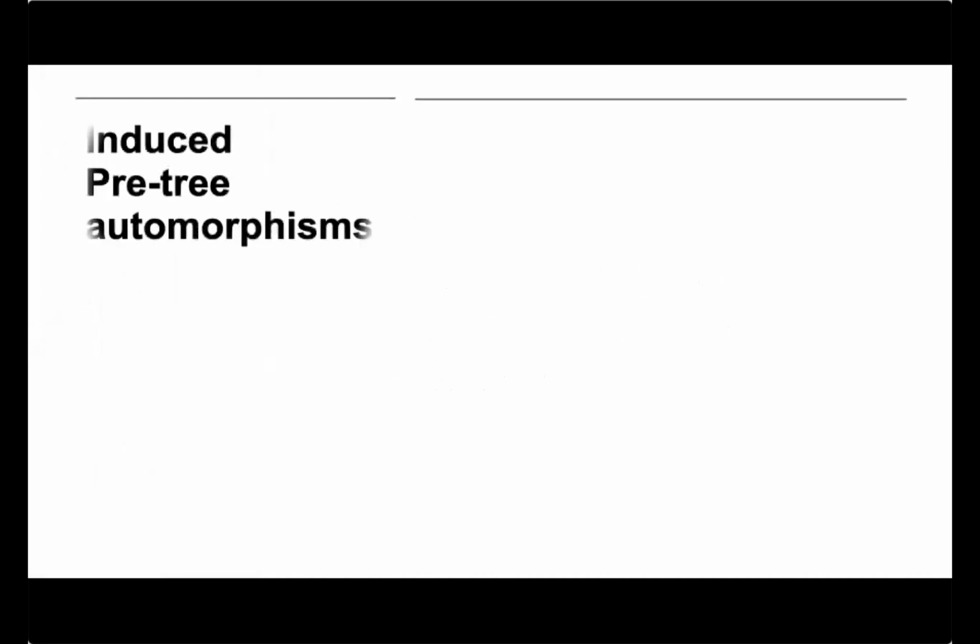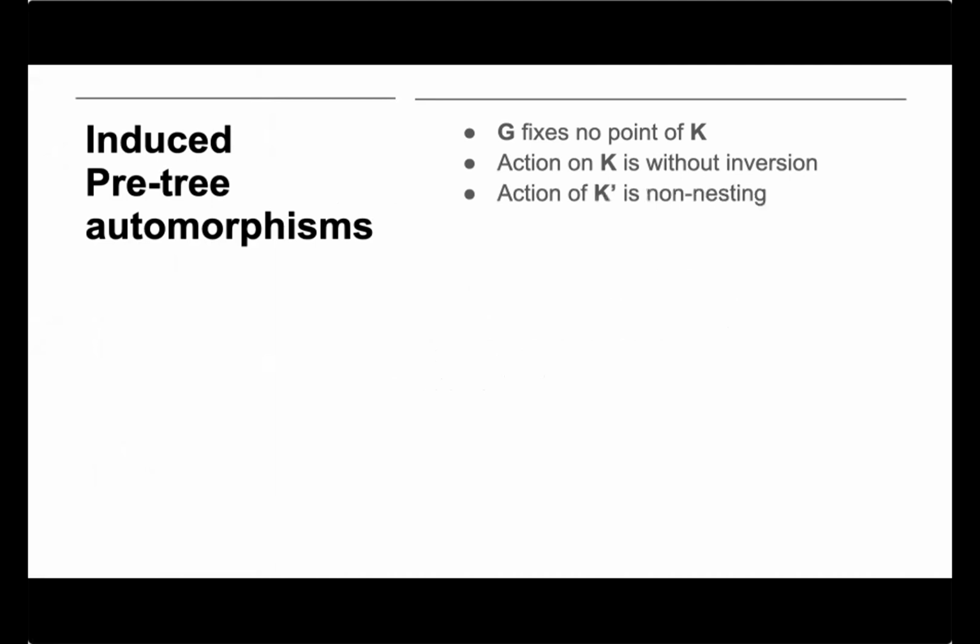And with this particular setup, the induced pre-tree automorphisms have these properties: G will not fix any point of the cut point pre-tree K, and the action on K is without inversion. So if you have two adjacent points, the pre-tree automorphisms will not flip them. The action on the interior is non-nesting.